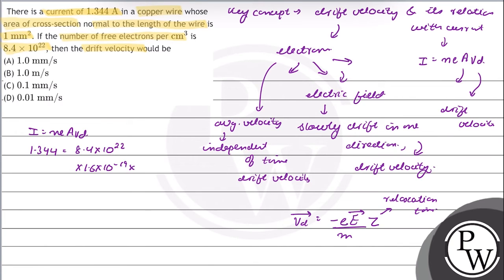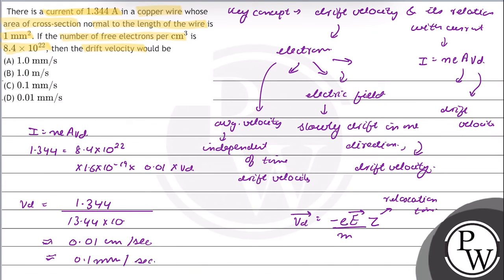Area is 1 mm square, which we can write in centimeters as 0.01 centimeter square, and we have to find v_d. So the value of v_d will be 1.344 upon 13.44 into 10, which is equal to 0.01 centimeter per second, or approximately 0.1 mm per second.